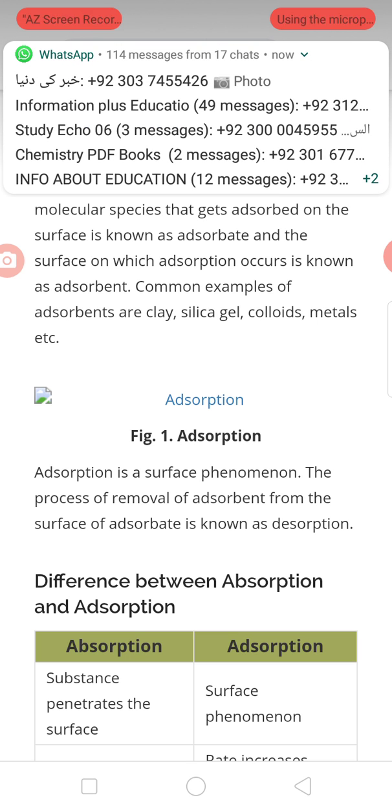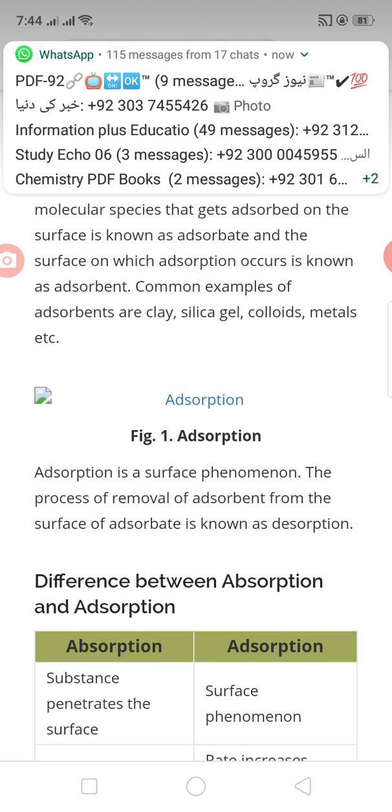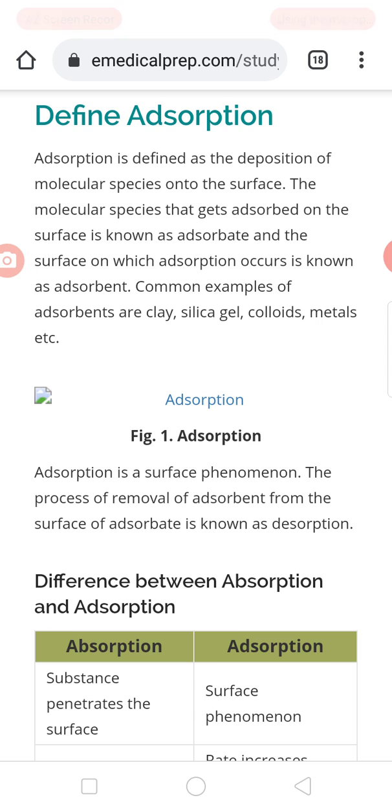Differentiate between adsorption and absorption. Adsorption is a surface phenomenon. The removal of the adsorbate from the surface of the adsorbent is known as desorption.